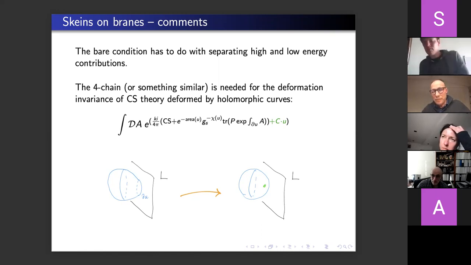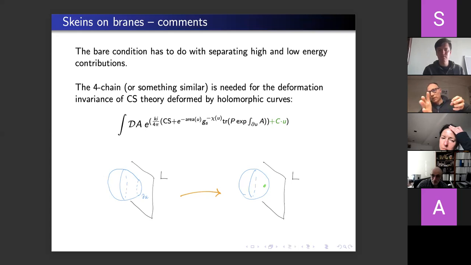And what I'm saying, and what is somehow the source of this 4-chain, is that if you take that literally, like in the formulas on my slide here, without the little green thing, then such a thing has no chance of being topologically invariant. Because on the left, you see a disk with a small boundary.